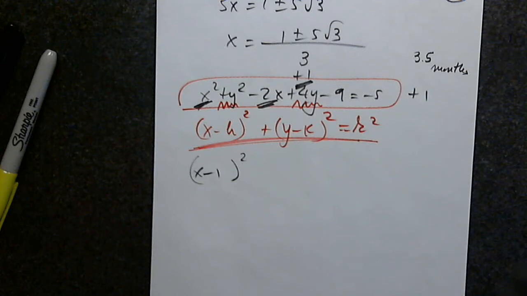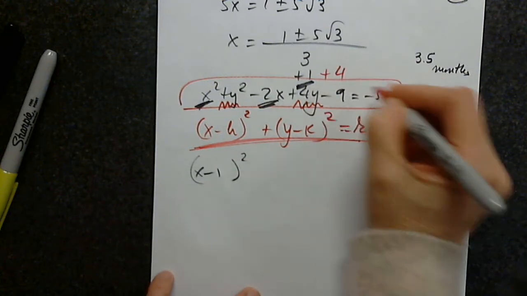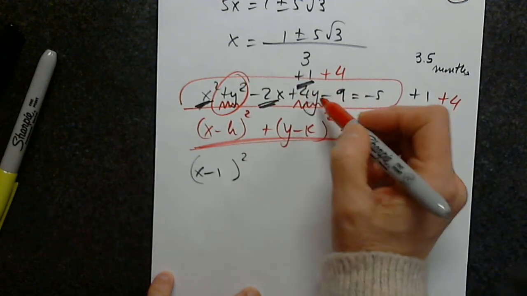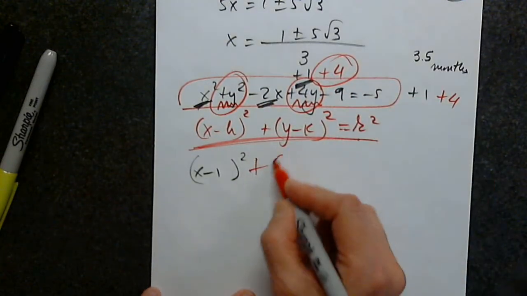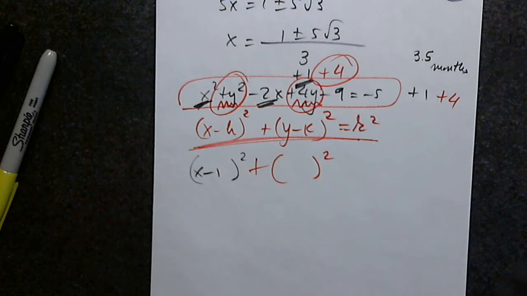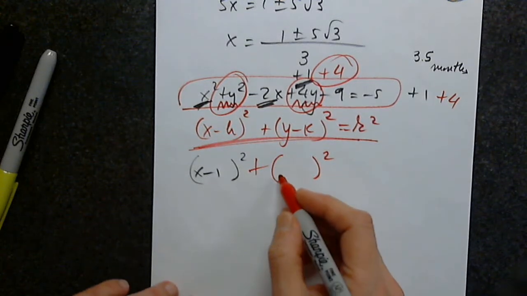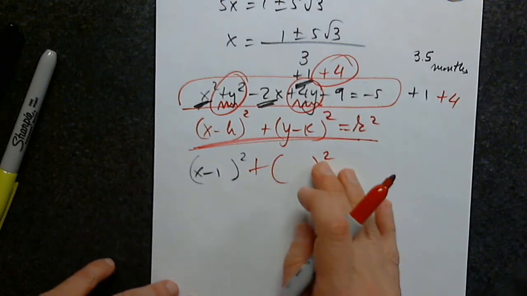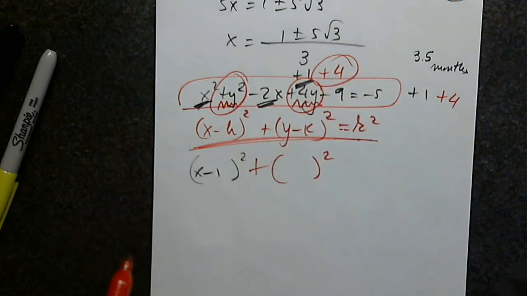This plus this plus this will form another perfect square. What do I need here to get y^2 + 4y + 4?